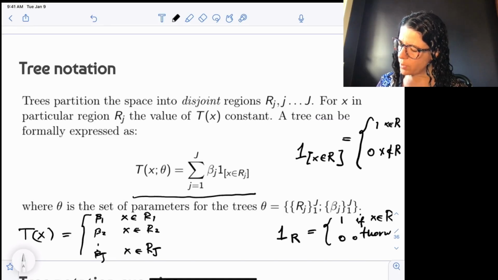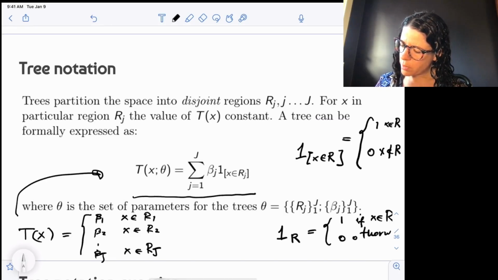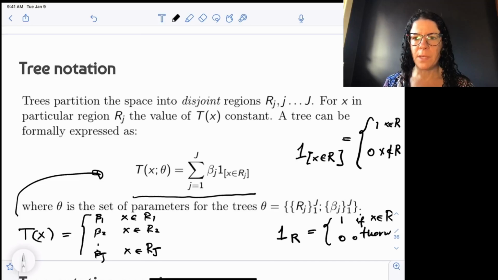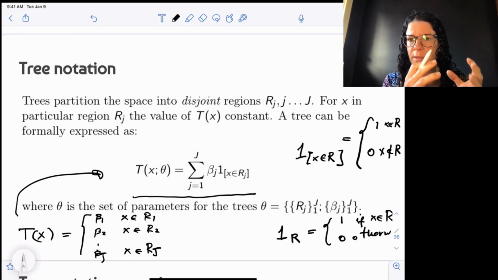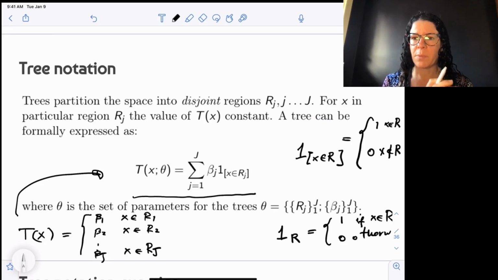This is what the notation is talking about. When I say theta are the parameters of this tree, I mean that the tree is defined by all of these regions that split the space, and by all of the constants that are the prediction the model gives on each particular region of the space.